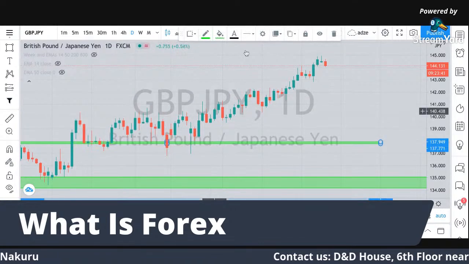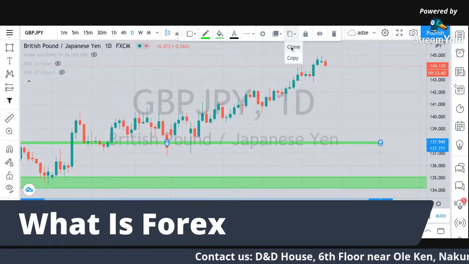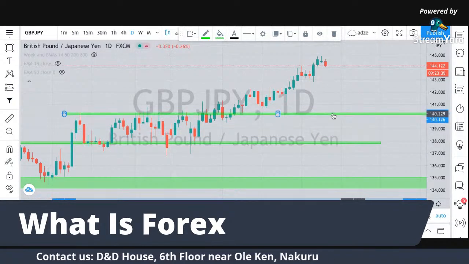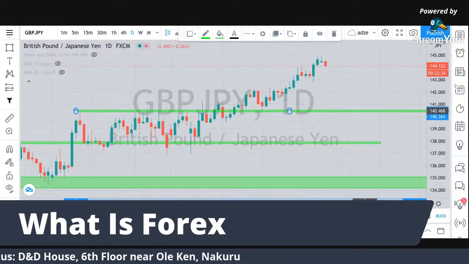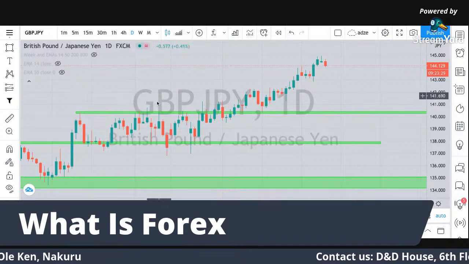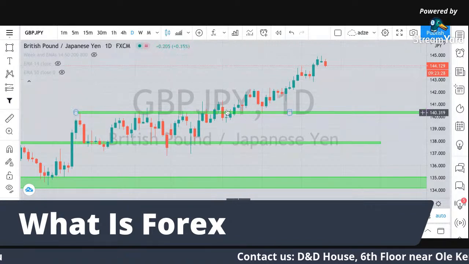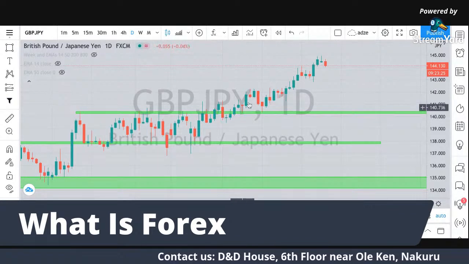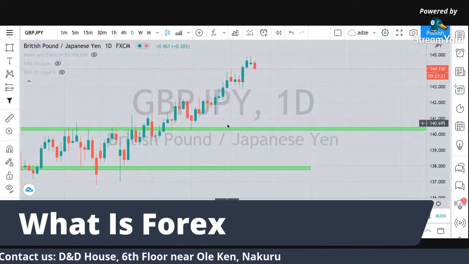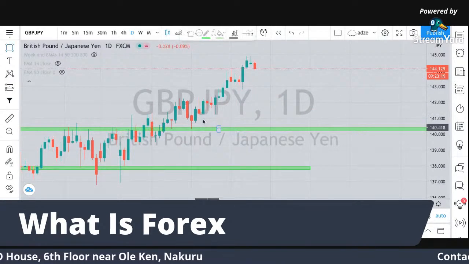Now this is another zone that was created. This one, a resistance. So price was rejected, broken, came down to retest. The same thing that happened here is the same thing that happened here.